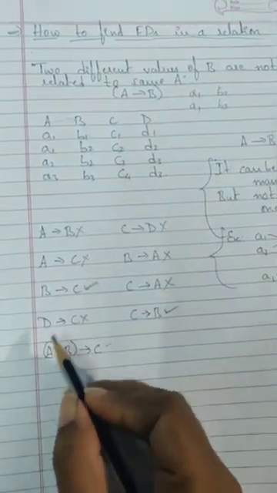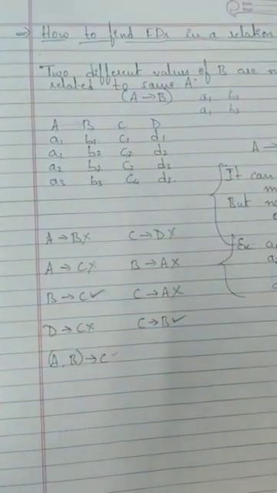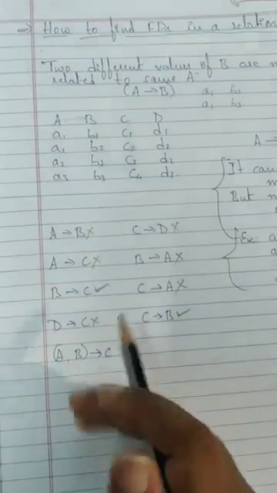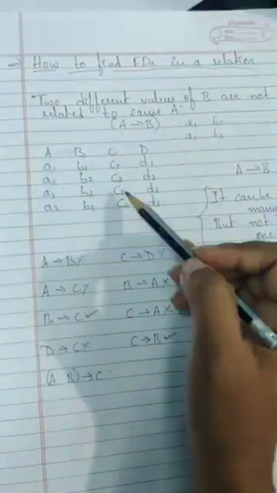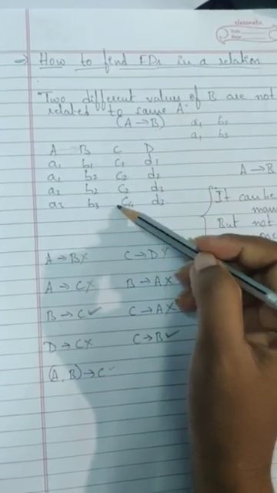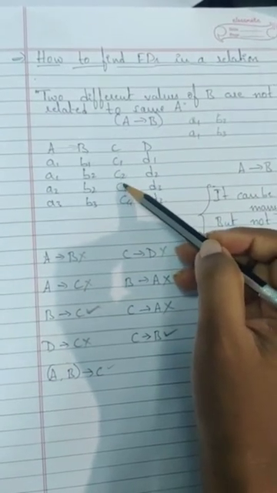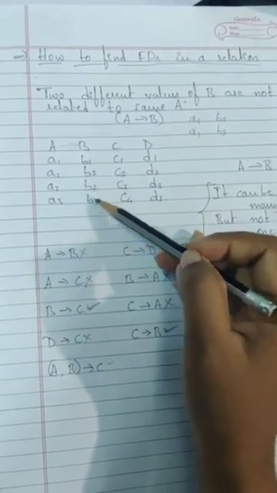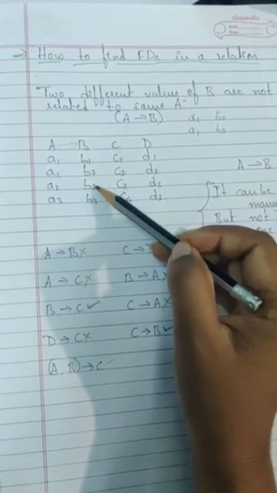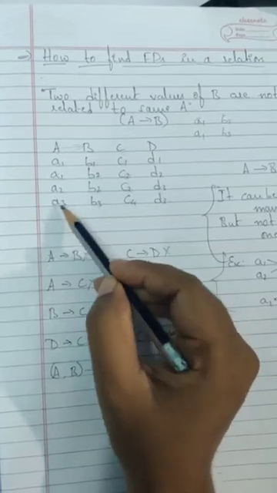Next we have another kind of key, that is the composite key. A comma B determines C. Here also two different values of C are determined by two different values of AB, because the combination of these two is different and these two are different.